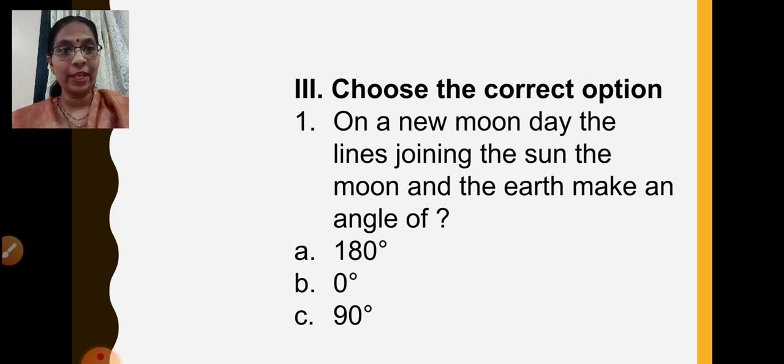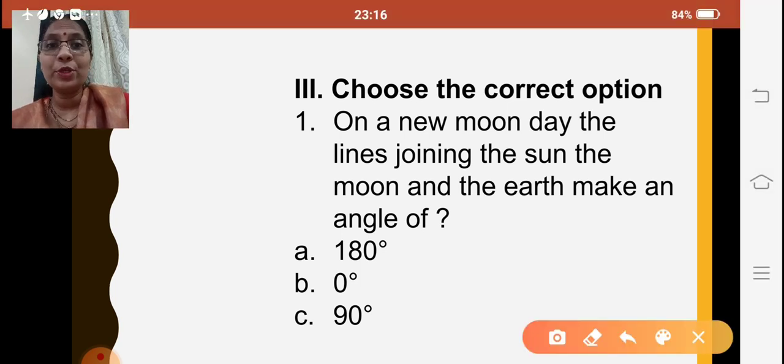Yes, we have learned this in the video also. When we did this lesson, we have learned this. On a new moon day, it makes an angle of 0 degrees, whereas on a full moon day, it will make an angle of 180 degrees.